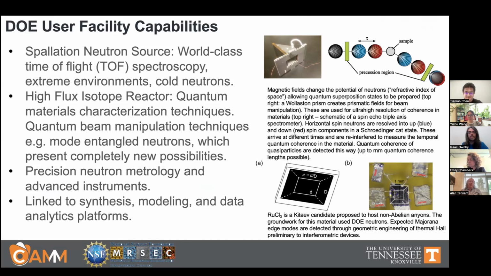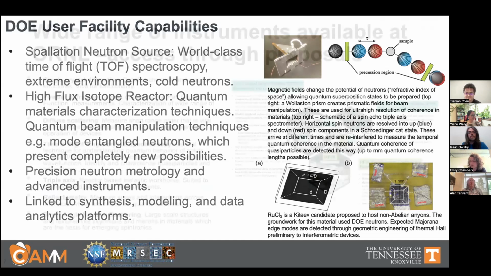And what's shown in the picture here is actually a small-scale device for using geometric engineering of thermal Hall effects to actually show that the required edge states are in fact present in the materials. So there's a strong synergy between the kinds of experiments that are done with scattering and then on to the actual application of the materials.